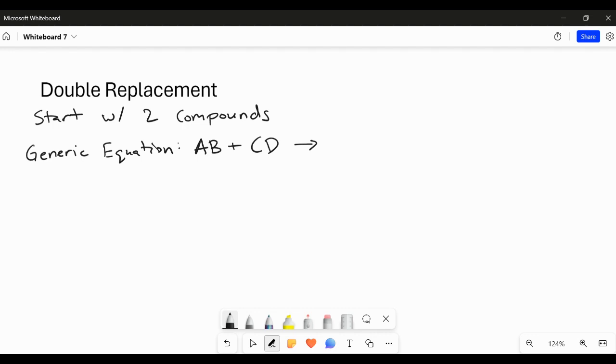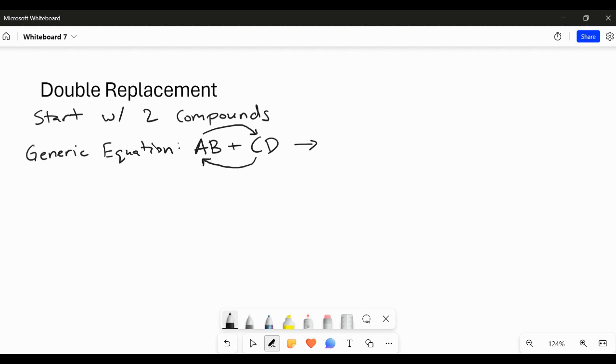In these compounds, these are both ionic compounds, so you have a positive and you have a negative charge. What's going to happen is the cations of both of these compounds, remember the cation is written first, are going to switch places. A is going to switch places with C. But unlike single replacement, where C is just kicked out and it's by itself, C is going to swap into A's old spot.